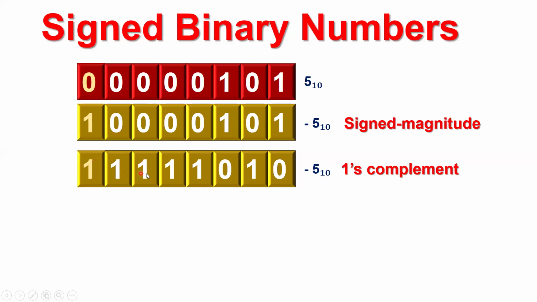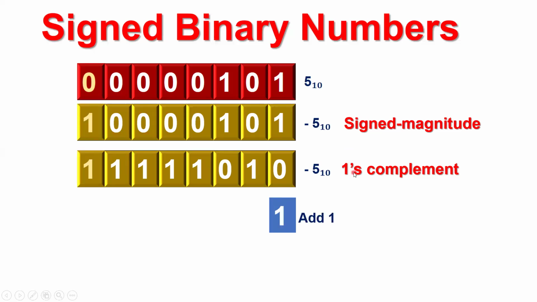So 1, 1, 1, 1, 1, 0, 1, 0, which is the ones complement of the top number 5. This is how minus 5 is shown using ones complement. So this is the negative form.